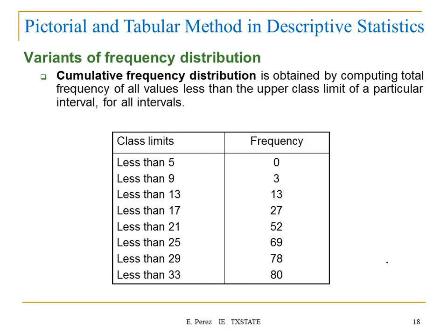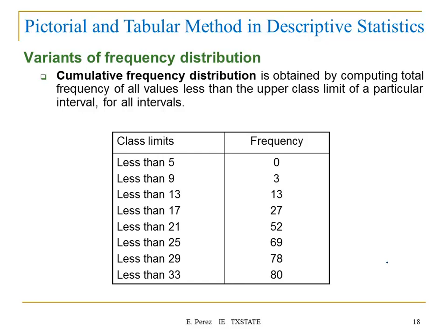Okay, so you're going to see that this is going to become handy now that we're going to cover the next topic. So what we did here was count how many units were less than 5, how many units were less than 9, how many units were less than 13. And we knew at that point, or I explained it to you, that when we look at the units that are less than 13, that also includes the units that are less than 9.